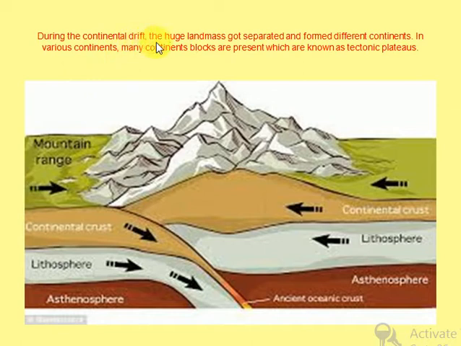During the continental drift, the huge landmass got separated and formed different continents. In various continents, many continental blocks are present, which are known as tectonic plateaus. So, we will be discussing the types of plateaus. So, these are tectonic plateaus.